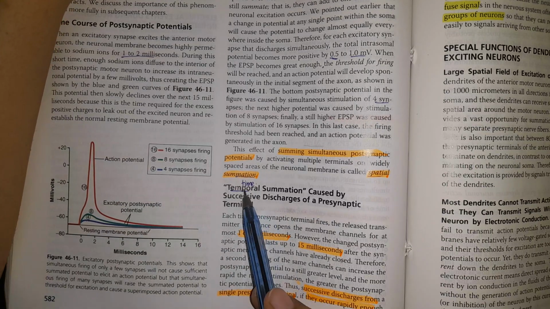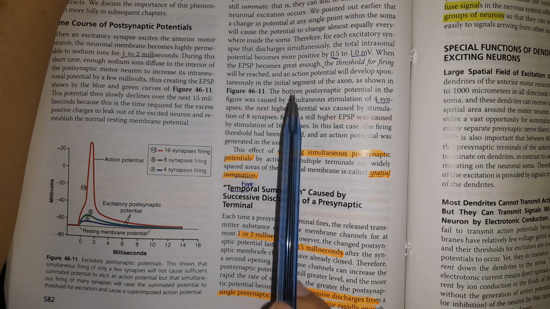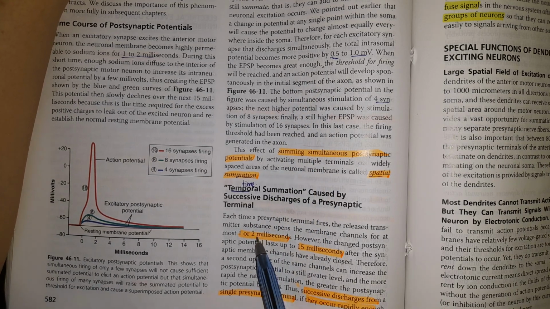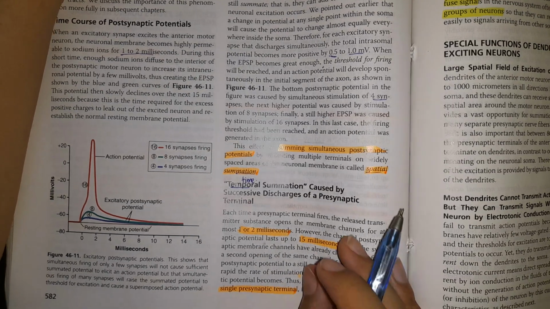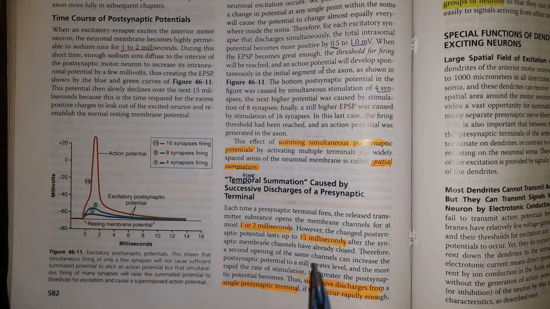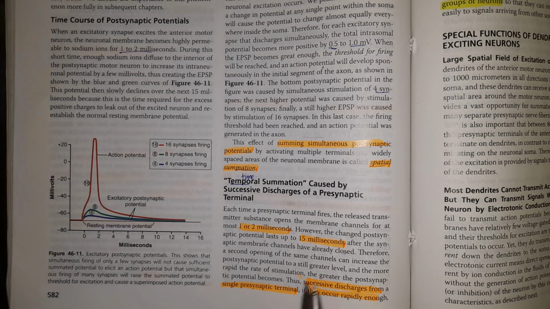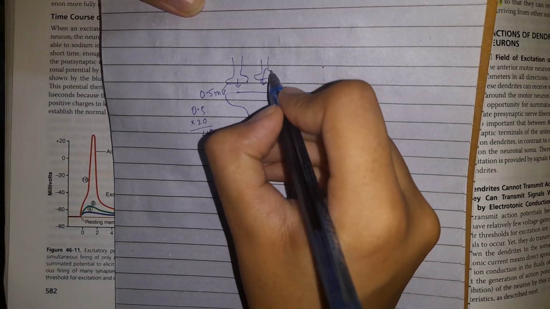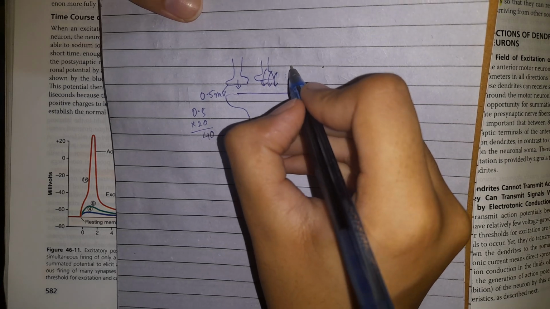The next summation is temporal summation, which is related to time. For example, whenever a presynaptic terminal fires, it fires within 1 or 2 milliseconds, and this firing lasts for about 15 milliseconds. So if that presynaptic terminal fires successively, it is firing a lot of signals at the same space within a very small amount of time.